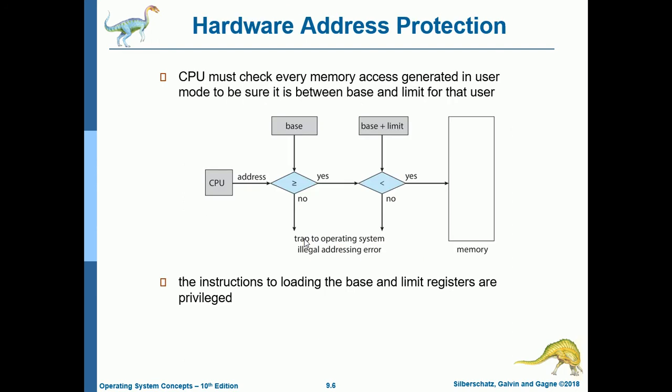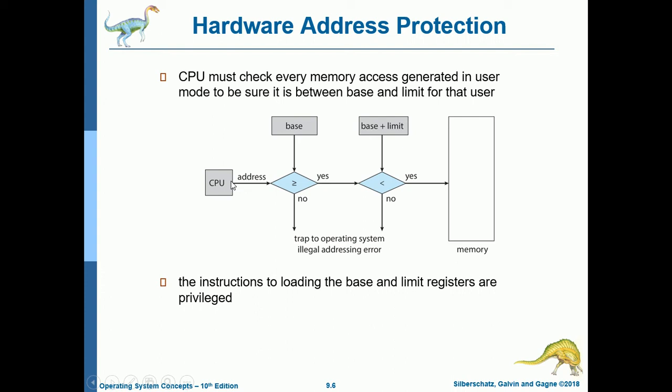Next we have the hardware address protection. The CPU must check every memory access generated in user mode to be sure it is between the base and limit for that user. For example, the CPU will generate an address. Let's go first with this one.